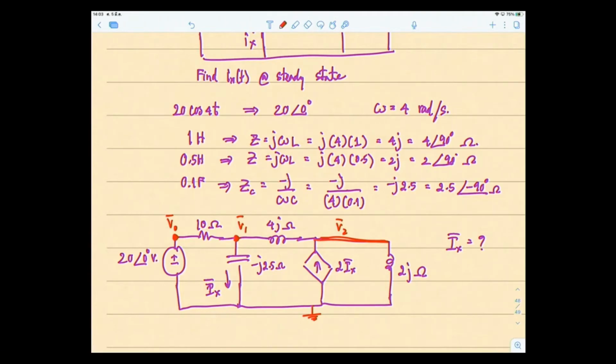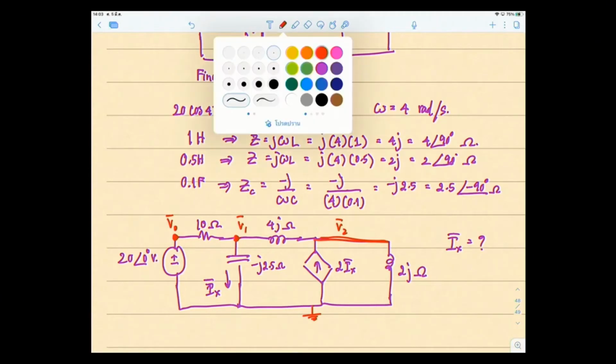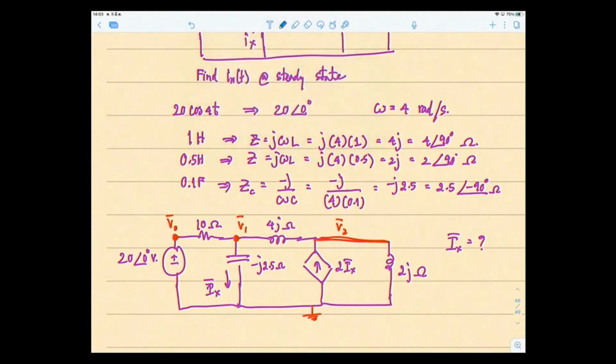Then we have to assign the currents so that you don't mess up with the sign. How would you choose your current to flow out of the nodes? The current in this circuit comes out from the source. The simplest way, go like this. If current goes in this direction, the voltage drop across the 10 ohm has polarity plus minus like this. Current goes into the positive of the voltage drop and leaves on the negative.